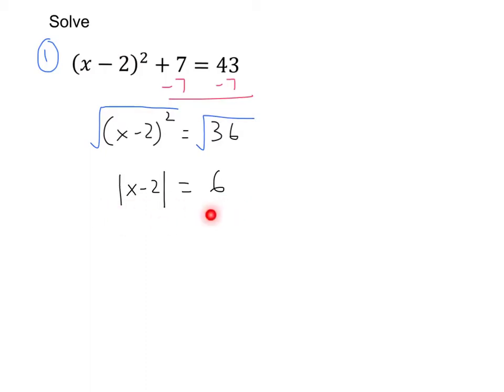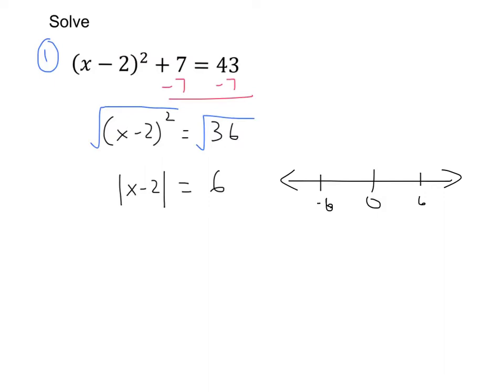We're not quite done yet. We need to solve completely for x. Let's think about what this means. The absolute value of x minus 2 equals 6. This means that x minus 2 needs to be 6 spaces away from 0. If you look at a number line, what numbers are 6 spaces away from 0? Well, 6 and negative 6.